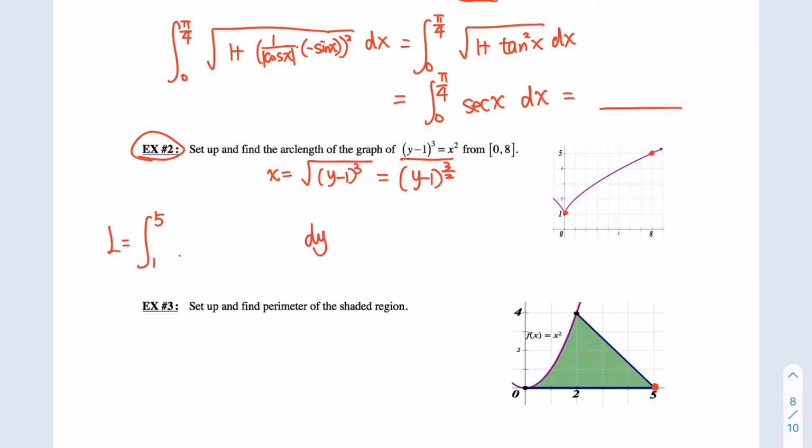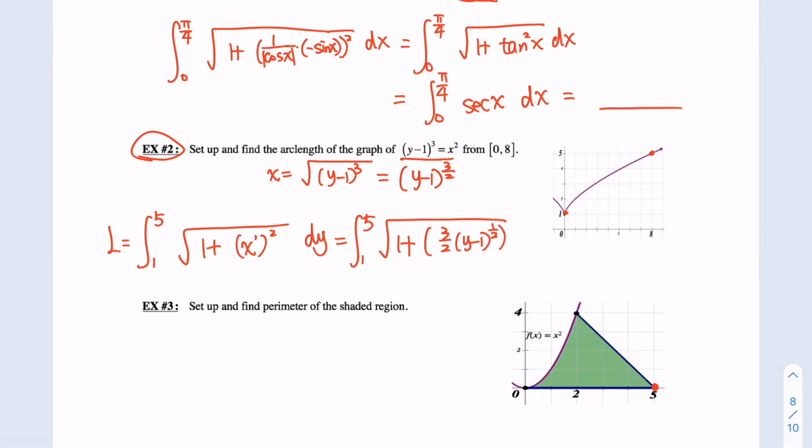So in this case it will be the square root of 1 plus x prime squared, which gives us the integral from 1 to 5 of the square root of 1 plus x prime squared, where x prime gives us 3 over 2 times y minus 1 to the 1/2, times the derivative of y minus 1, which gives us 1 by the chain rule, so dy.